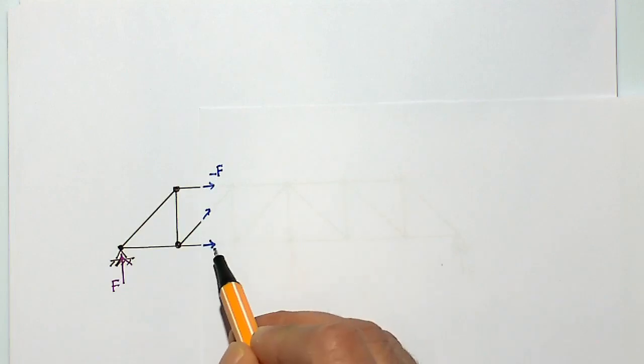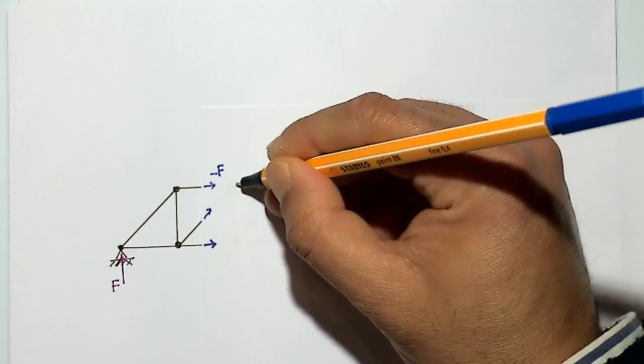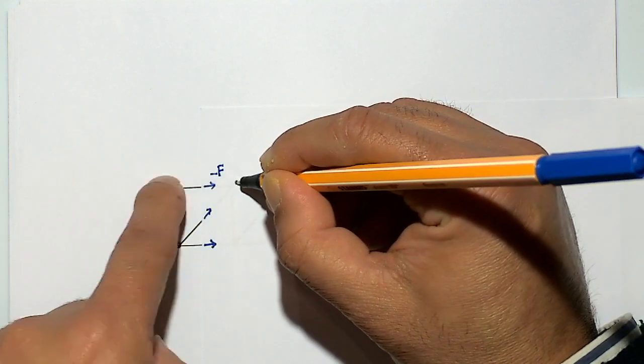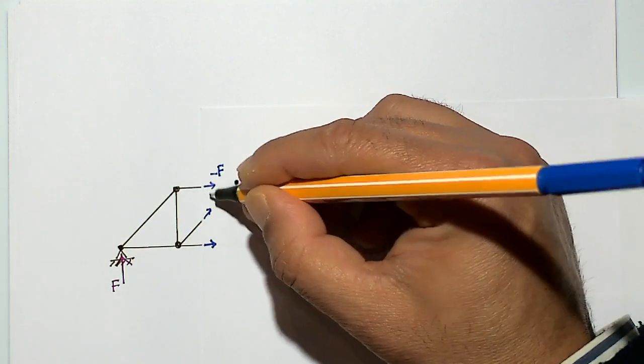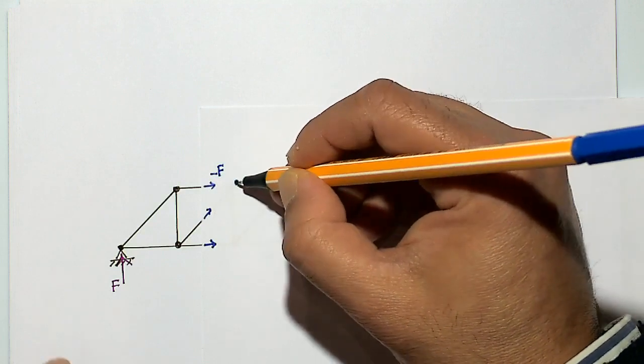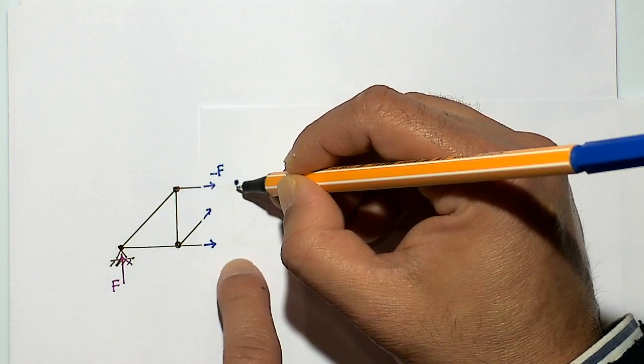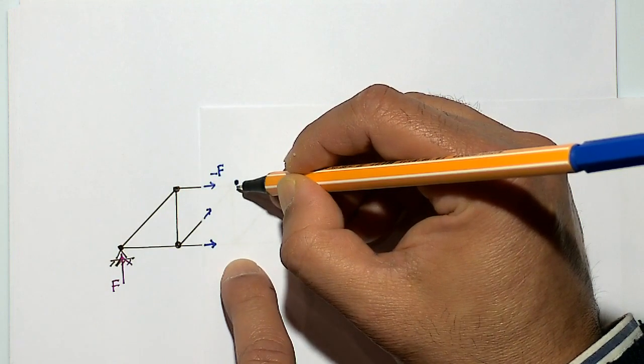What about this force? If you take moment about this point over there, then it is going to be cancelled by these two. So you will have F times 2 is balanced by this times half of the distance.